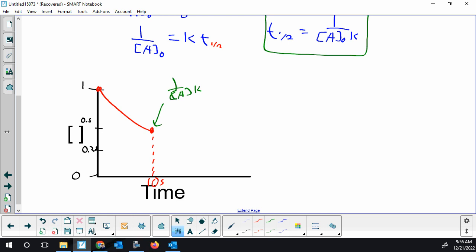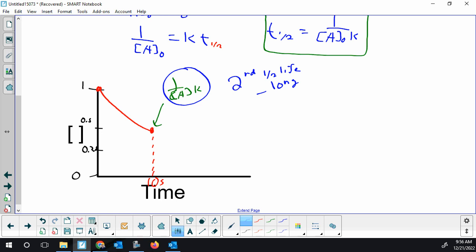What happens to this ratio when we put in a smaller denominator? We're going to get a bigger fraction. The whole thing is going to be bigger. So the second half-life is going to be bigger. In terms of time, that's longer.